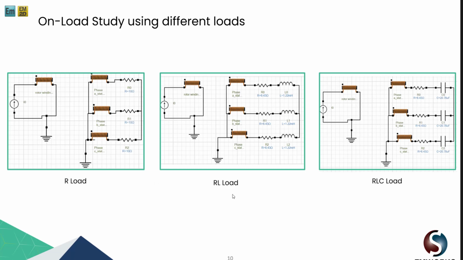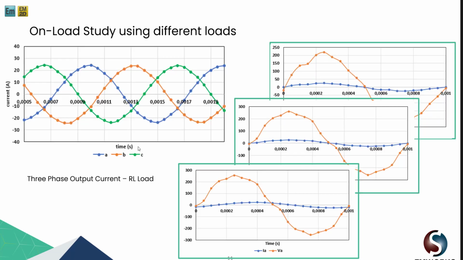And these results are again the output of EMWorks 2D. So you have the current and the voltages for the three-phase output, waveforms versus time for the three loads.